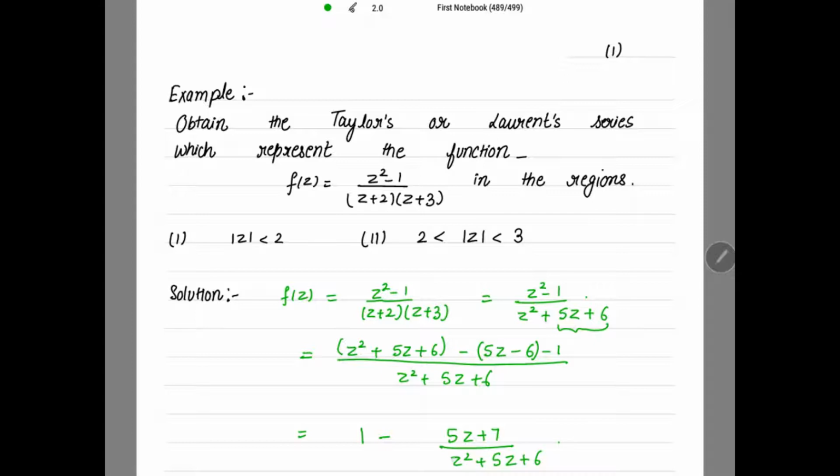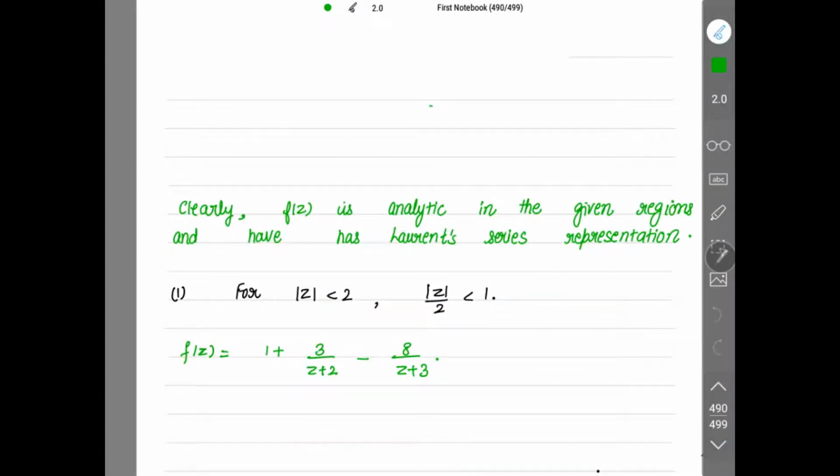Right? Now make the denominator in factors. So this will be f(z) equal to 1 minus (5z + 7) over, on factorization, (z + 2)(z + 3).